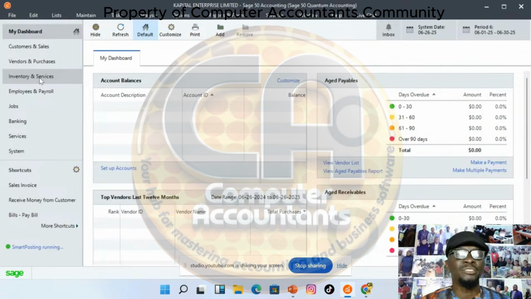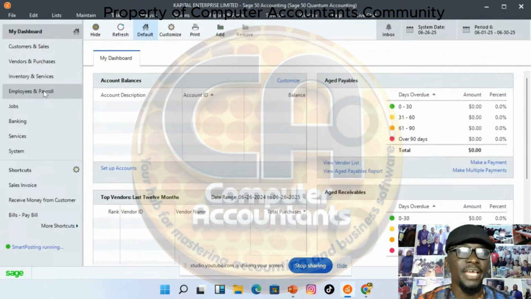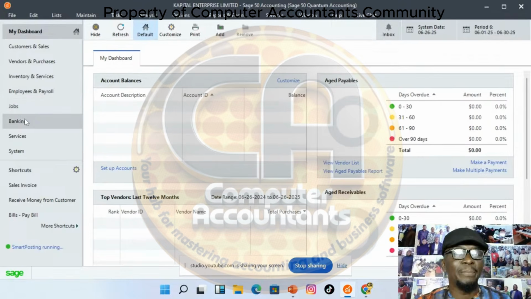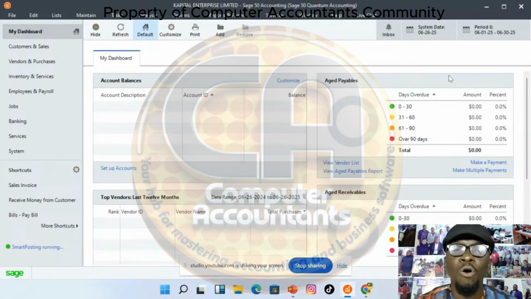Then you have the inventory section. It contains the names of your items and the services you render. Now again you have the employees, the job, the banking, names of your bank, the account balances. So these are the contents of the navigation bar. This is the home page. So you can see the system date.